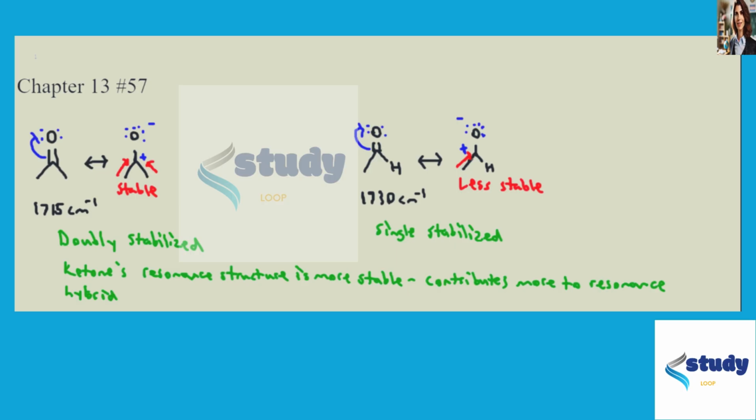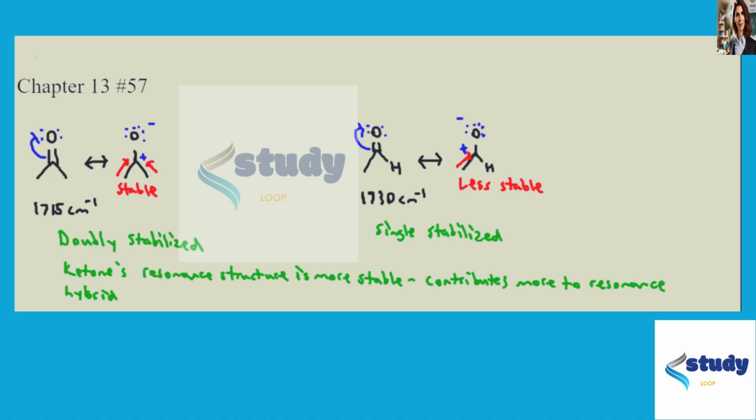And again, that's going to be because the charge-separated resonance structure for the ketone, in which the carbon and oxygen do only have a single bond, is more stable than the corresponding resonance structure for the aldehyde.